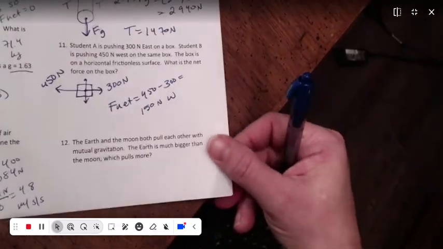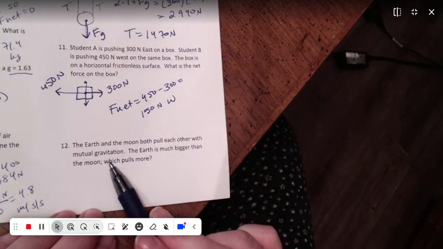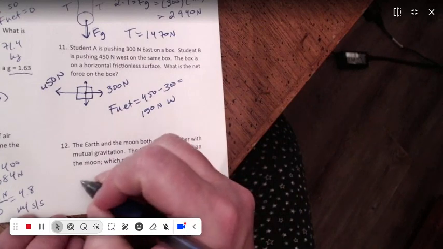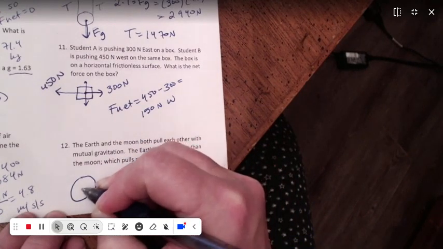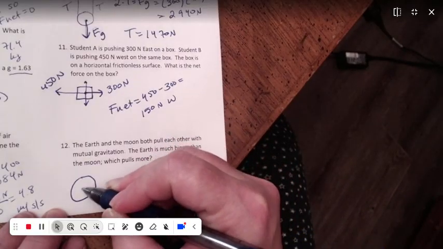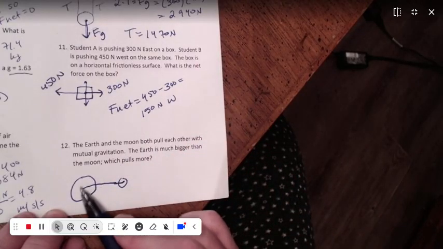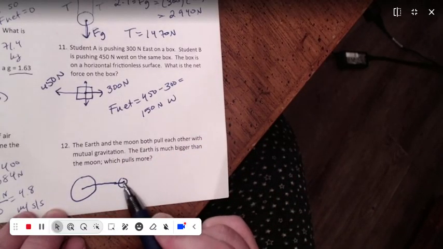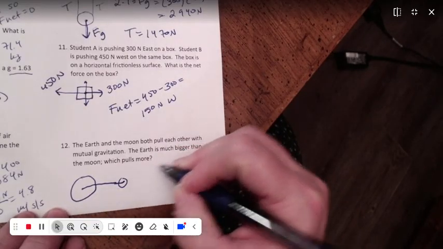I don't know. Okay. The Earth and the Moon both pull each other with mutual gravitation. The Earth is much bigger than the Moon, which pulls more? As it turns out, they actually pull the same because of Newton's third law. The force of one object on another one equals the force of that object back, equal value, opposite direction.